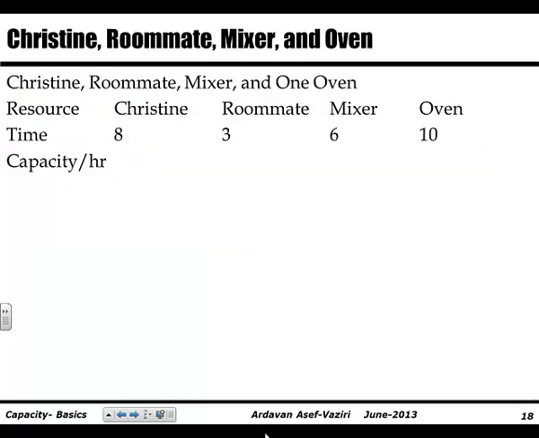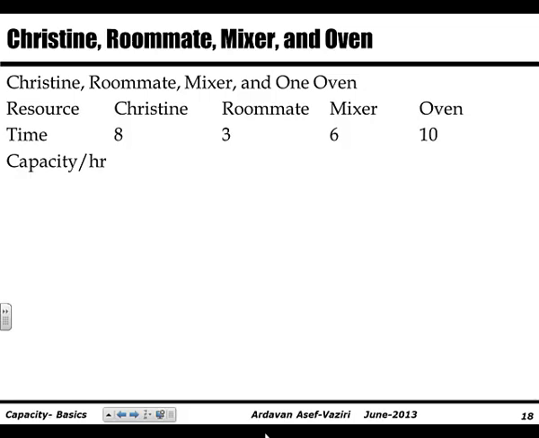Now let's go through this practice. We want to know cycle time and we want to know capacity. Here we have four resources: Christine, her roommate, mixer, oven. And these are four sequential operations.